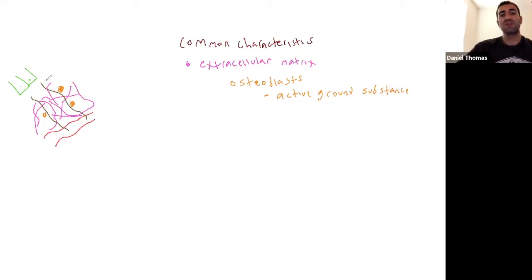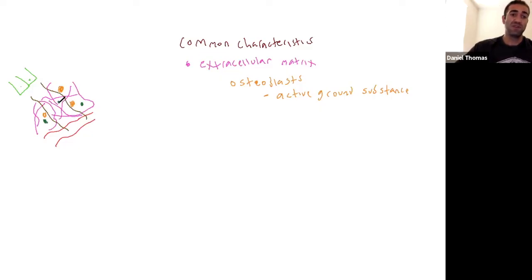This extracellular matrix is usually non-living, because the ground substance secreted is a number of compounds that are usually composed of inorganic molecules.